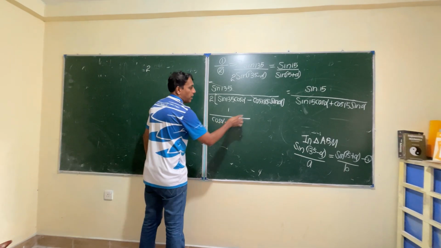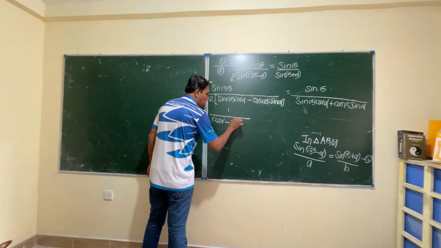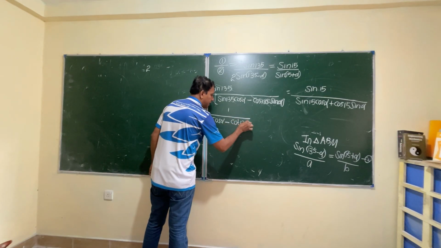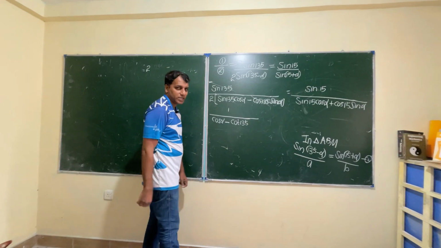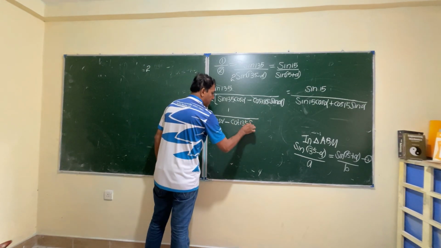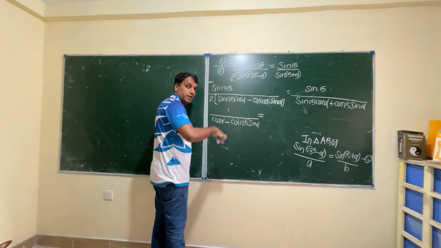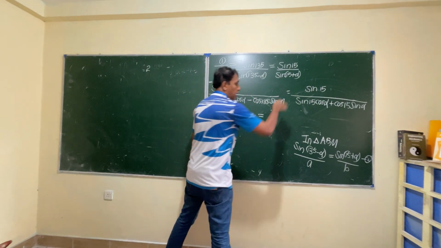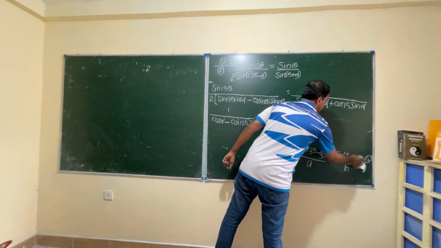Okay. Minus cos divided by sine, cot 135. You know the value of cos 135, 90 plus 45. Sine alpha, right? Okay. Here I multiply by 2 there. So 2 into, there also multiply numerator and denominator by sine 15.